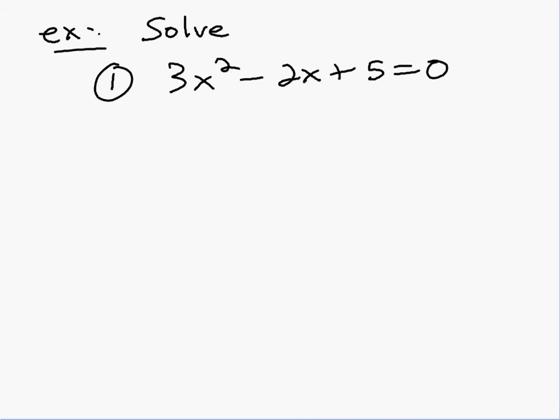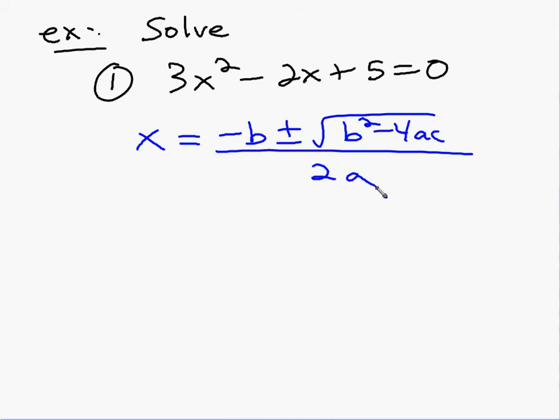So let's go straight to the quadratic formula on this one. x equals negative b plus or minus the square root of b squared minus 4ac all over 2a. And if I kind of do b squared minus 4ac in my head, b squared is going to be 4 minus 4 times 3 times 5. I can see that the discriminant is going to be negative. So there's no real solutions, but there are imaginary ones.